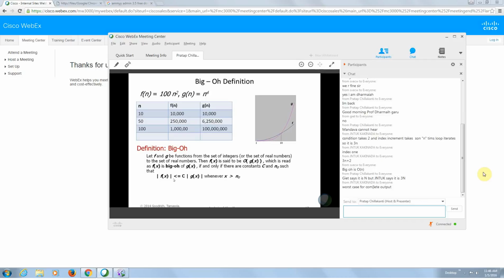Ignore the vertical bars, that is magnitude. We take the positive, we ignore the negative sign. We say |f(x)| should be less than or equal to C|g(x)| whenever x is greater than n0.